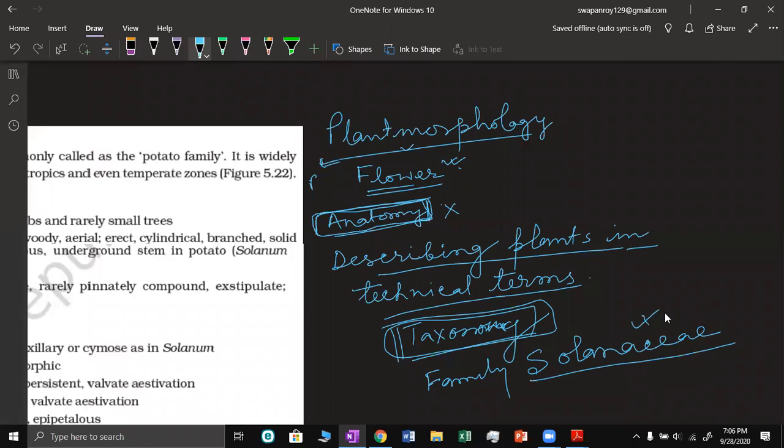So I prefer this one, the Solanaceae. That will be the better and easier one. So this Solanaceae will be described today.